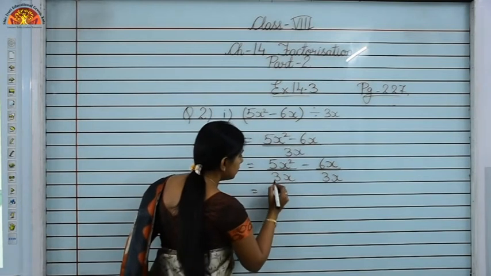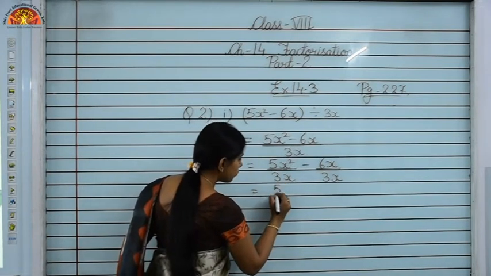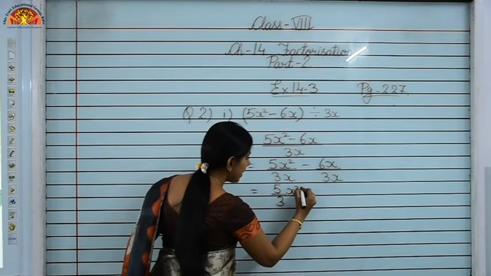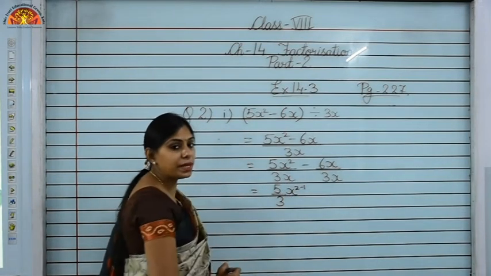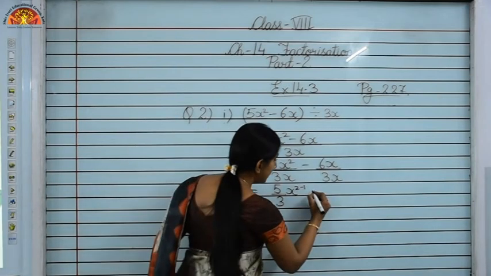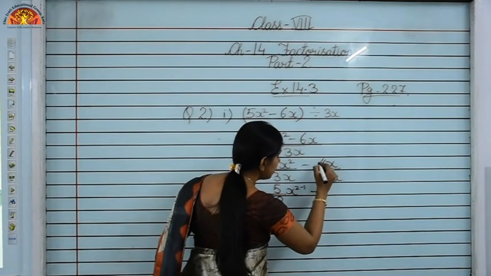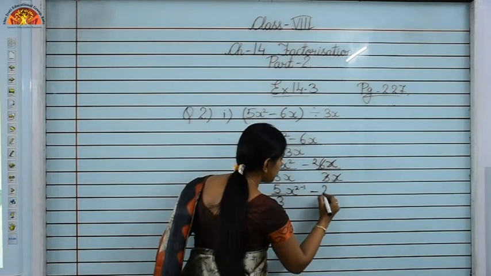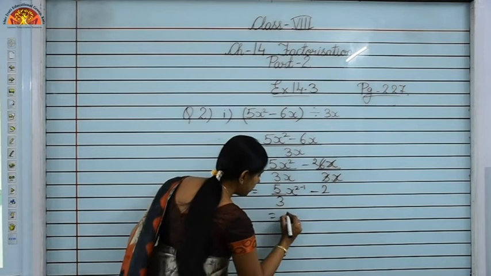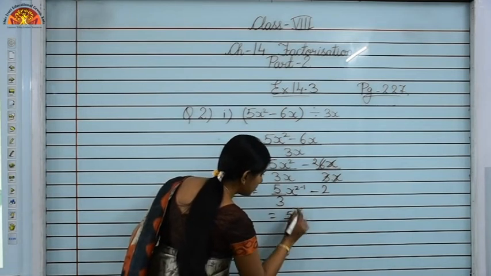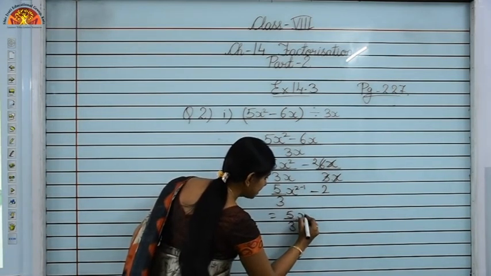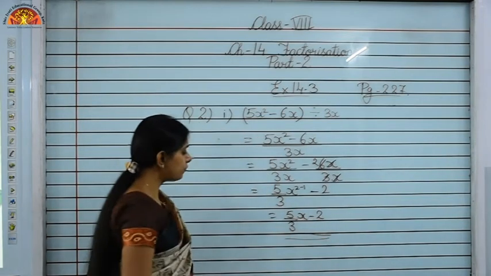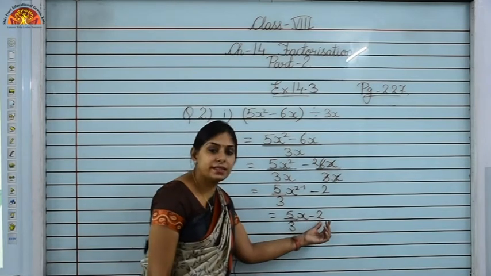So it is 5 and 3, we cannot simplify it, and x raised to the power 2 minus 1. Again we are just applying the law of exponent. Minus, here it is 3 ones are 3, 3 twos are 6, and x will get cut in the numerator and the denominator. So it will be 5 by 3, 2 minus 1 is 1, that is x, minus 2. So your answer is 5 upon 3 x minus 2.